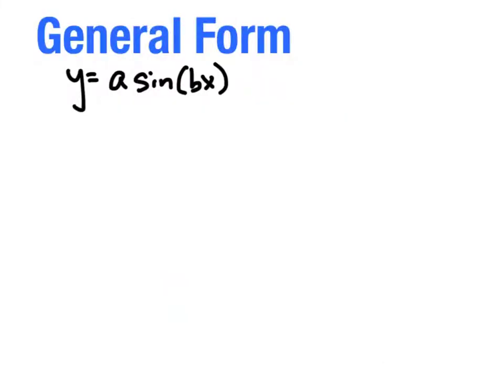Okay, now, all of these sine functions, they're not always going to be bound by 1 and -1 or just have a period of 2 pi. Whenever you have y equals a sine bx, that a is going to tell us the amplitude, and those will be our bounds. So this a, first thing you're going to do is only look at the absolute value of a. Okay, that's the amplitude.